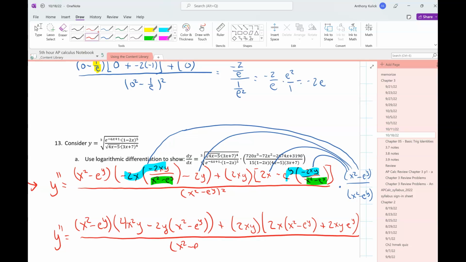That's okay. Go ahead. So why didn't you distribute the x squared minus e to the y to the first part? Because it's multiplication between them. So this is all one thing, right?